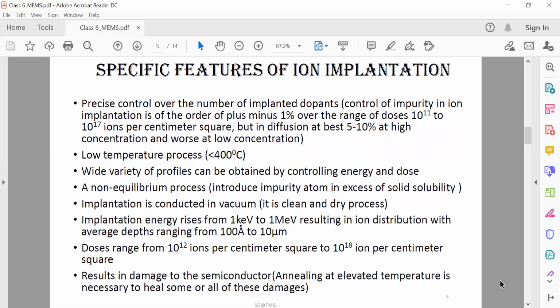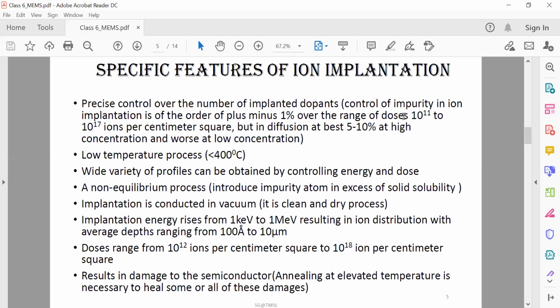Now what are the specific features of ion implantation? You can get precise control over the number of implanted dopants. The control of impurity in ion implantation is of the order of plus or minus 1% over the range of doses 10 to the power 11 to 10 to the power 17 ions per centimeter square.